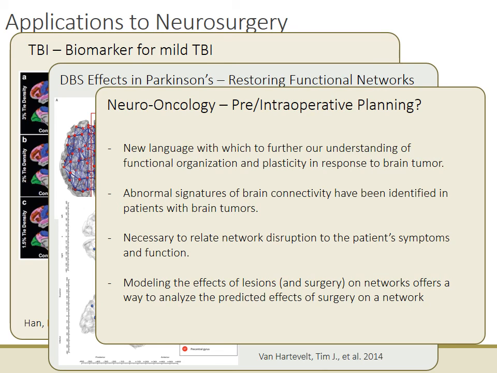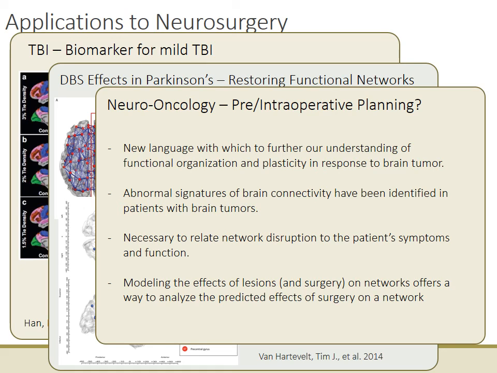And the last one is more of a perspective discussion. It's about intraoperative planning in neuro-oncology. And so this graph theory is just a new language we can use to further our understanding of how the brain is functionally organized.